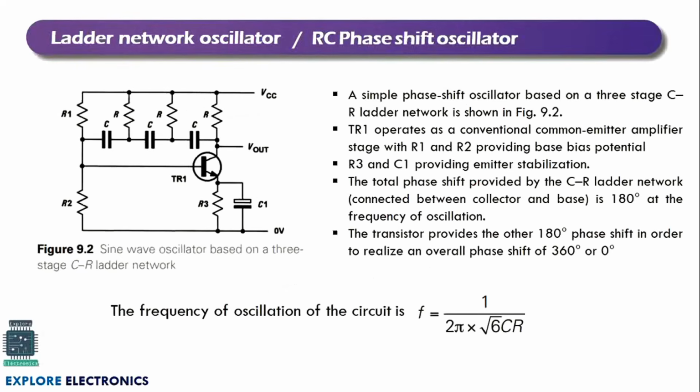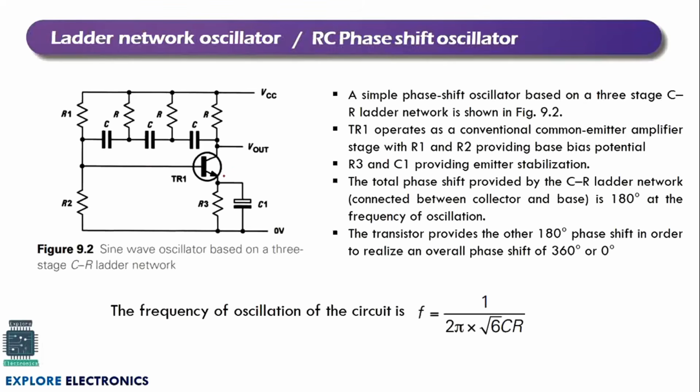So let us understand the different types of oscillators. In that, the first one is the ladder network oscillator, or it will also be called as RC phase shift oscillator. You can observe here we will be having a combination of R and C, right? The three combinations of R and C will act as a feedback network, a positive feedback network, and the rest of the circuit here with a BJT will be an amplifier circuit.